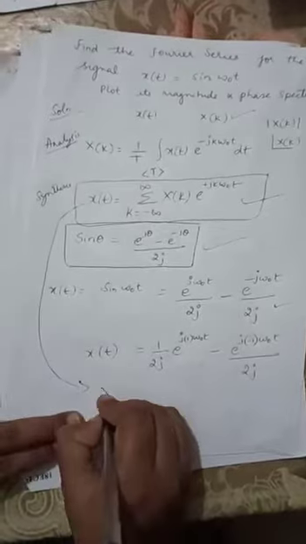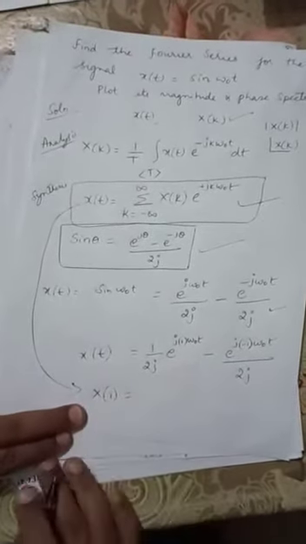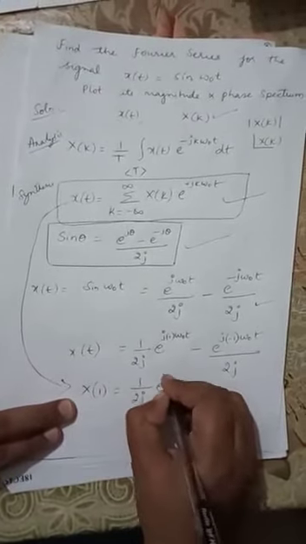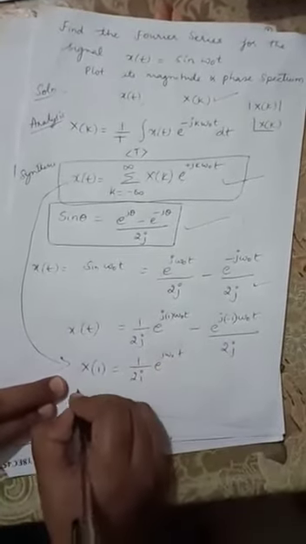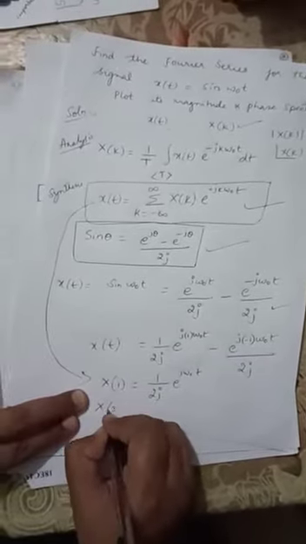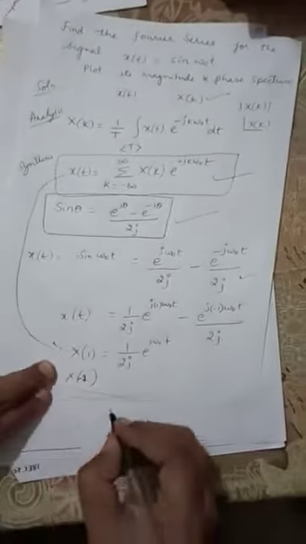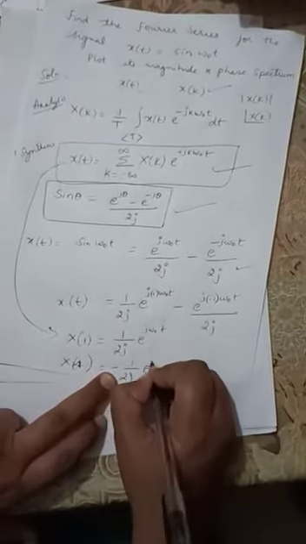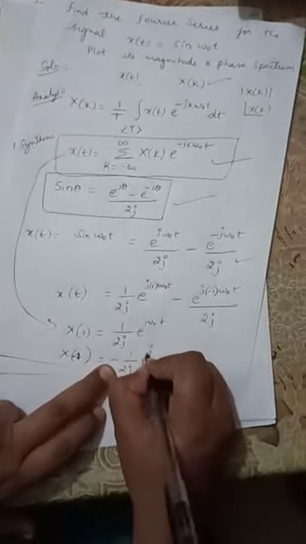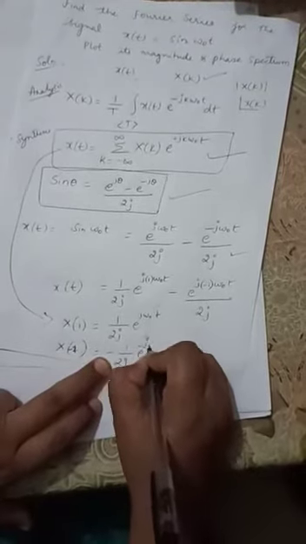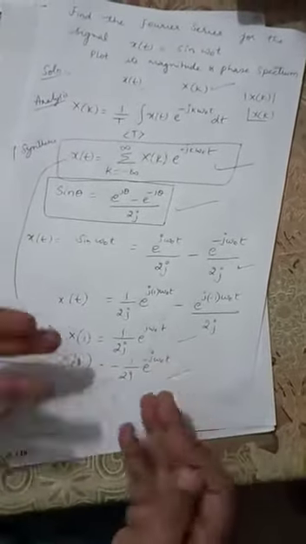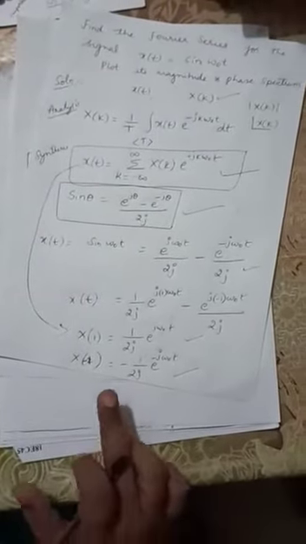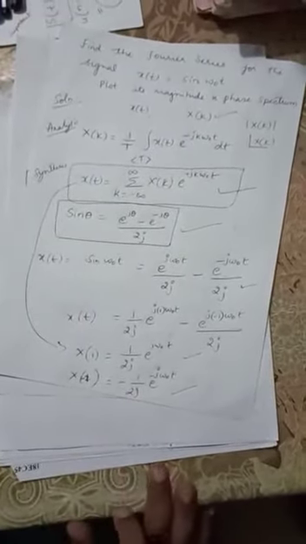So I can write x of 1 is equal to 1 by 2j, multiplying e to the power of j omega naught t, and x of minus 1 is minus 1 by 2j, multiplying e to the power of minus j omega naught t. Like this we can directly write the coefficients.